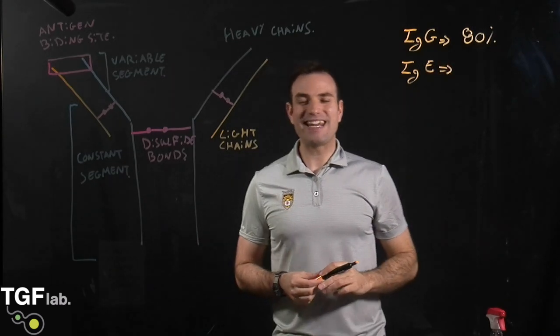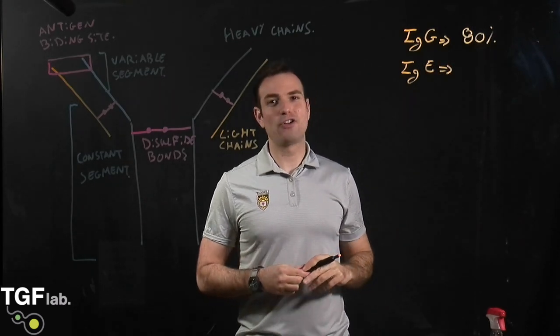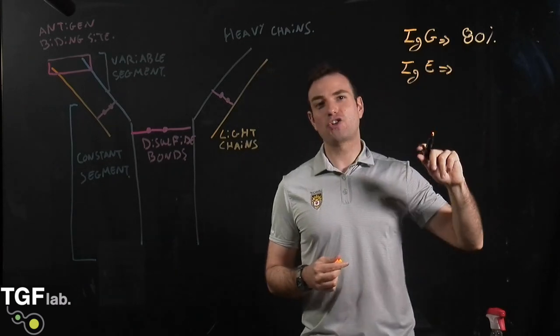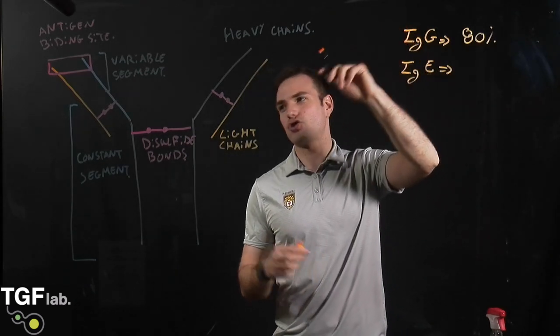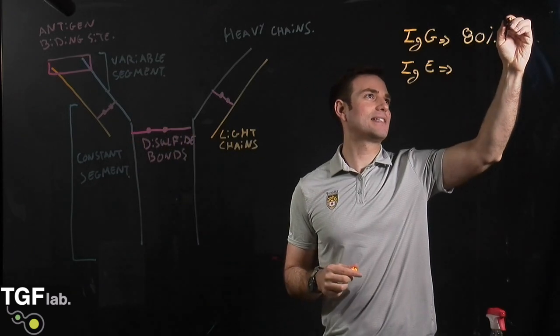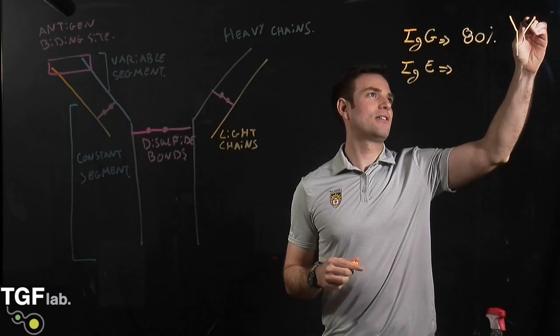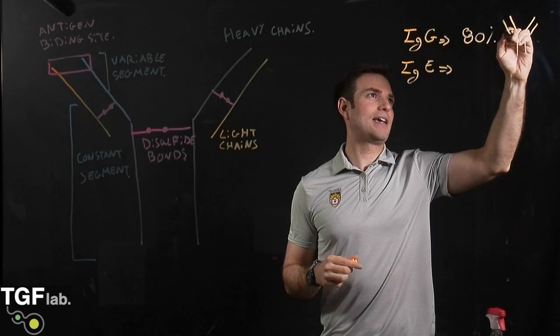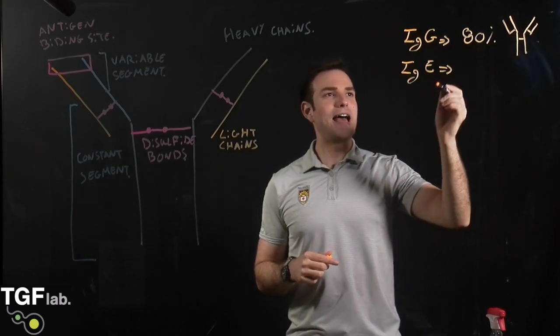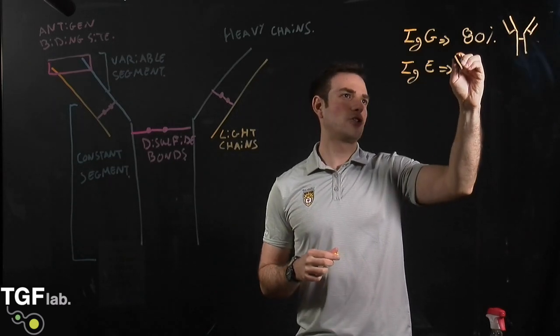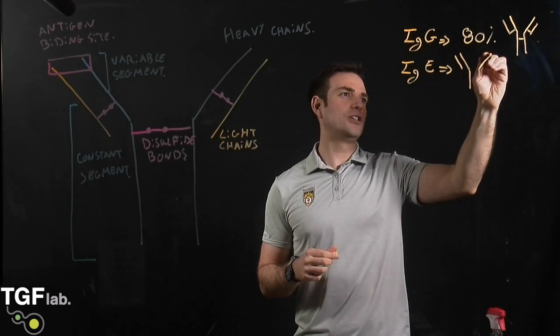Also, we are going to look at these IgEs. These IgEs are going to be antibodies. Their structure is very similar to the IgGs. So the IgG structure is what we have just seen. So we have here the heavy chains and the light chains. And the IgEs, the structure is also very similar to these IgGs.